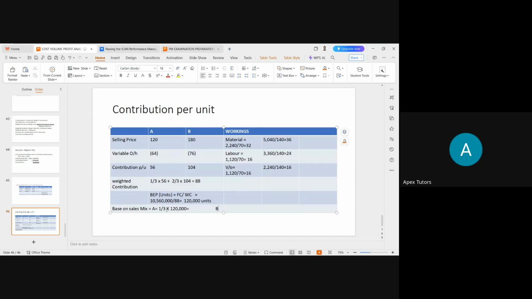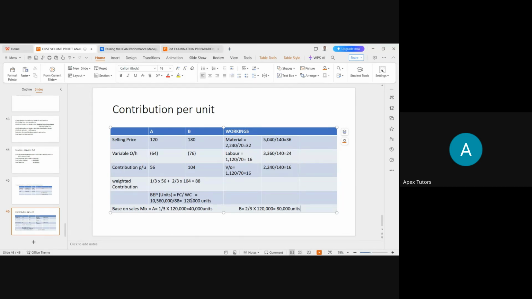For B, based on sales mix, it will be 2 divided by 3 multiplied by 120,000. And the result should be 40,000 units for A and 80,000 units for B. So this is the break-even in units.